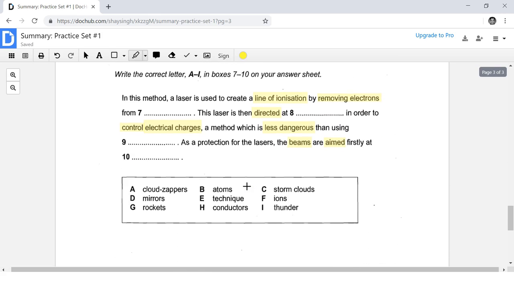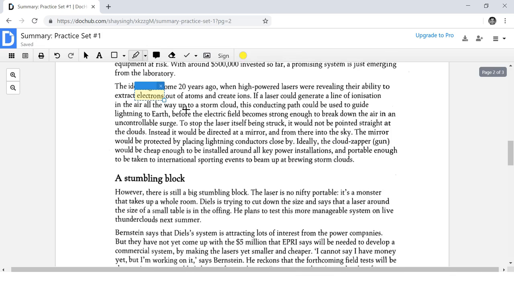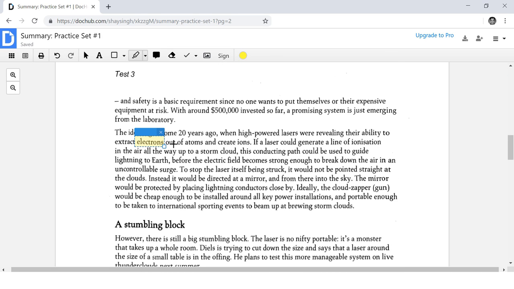So down here it talks about removing electrons. So that is synonym language for extracting electrons. So that whole thing is important. Actually, I can just go ahead and mark that entire thing, extract electrons. And here it mentions ions. Here it mentions line of ionization.